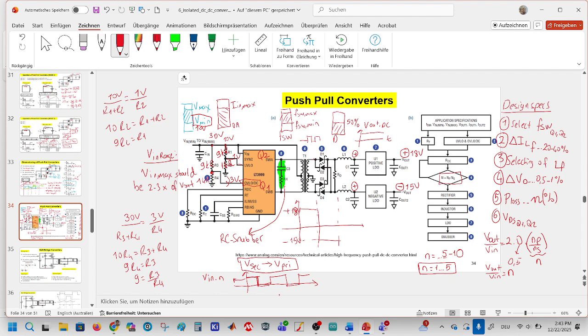The minimum input voltage would give me a maximum input current. At maximum input current, the current flows like that or like that through my switches, and the loss of my switches would be high if I use a minimum input voltage.